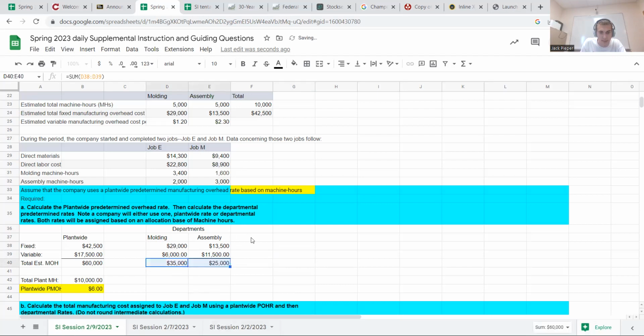Total estimated for assembly, 25,000. Cool. Now what we can do is we can take our total department machine hours, and we can reference these.